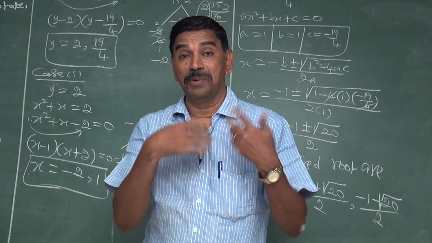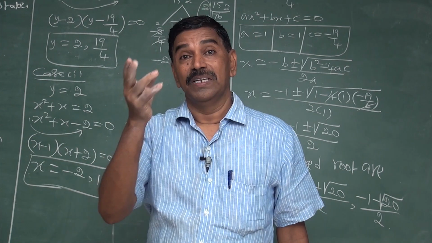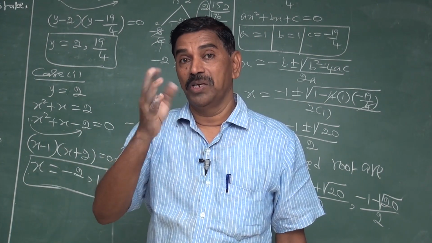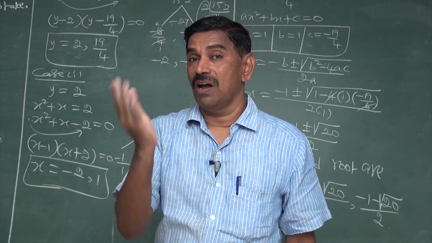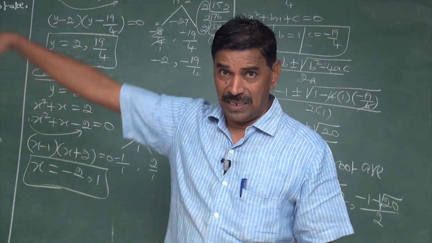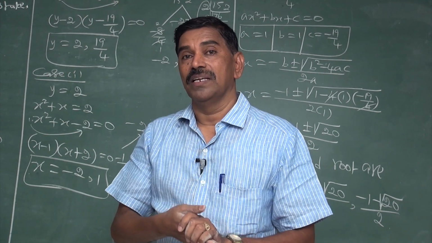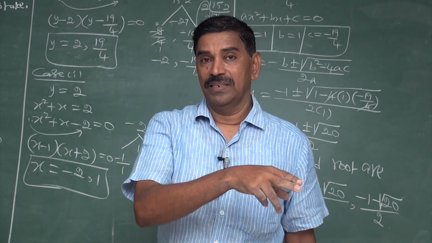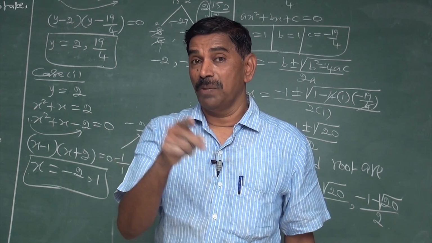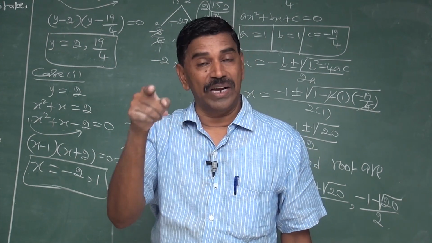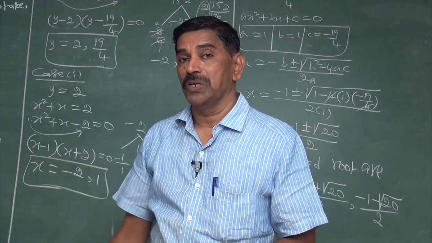Now the homework left for you is to solve the cubic equation if 2 of the roots vanish, meaning the roots are alpha, minus alpha, beta. That is left for you as homework. And the next question: solve the cubic equation if the product of 2 roots is 1, which means alpha, 1 by alpha, beta, because alpha times 1 by alpha gives the product 1. That sum is left for you as homework.